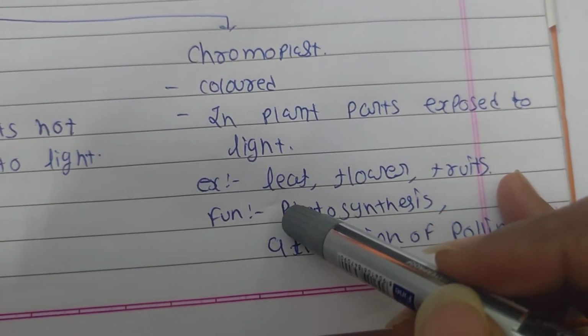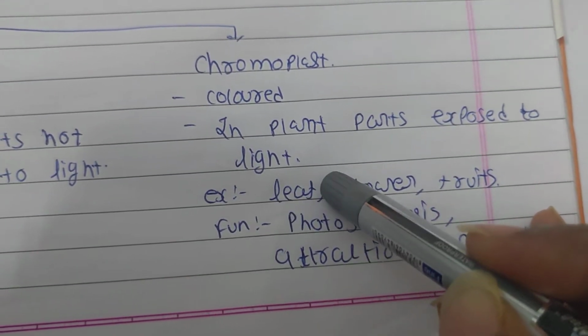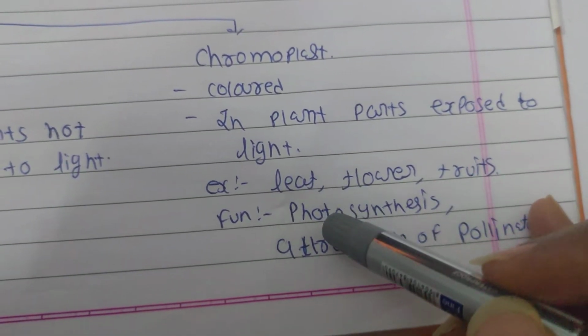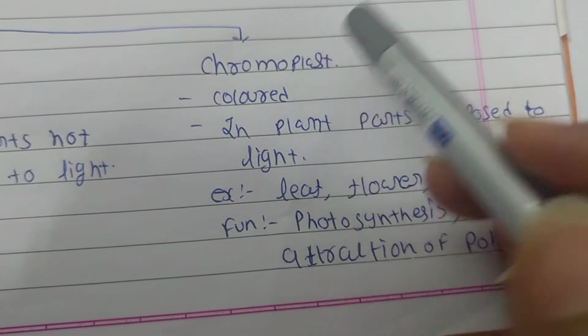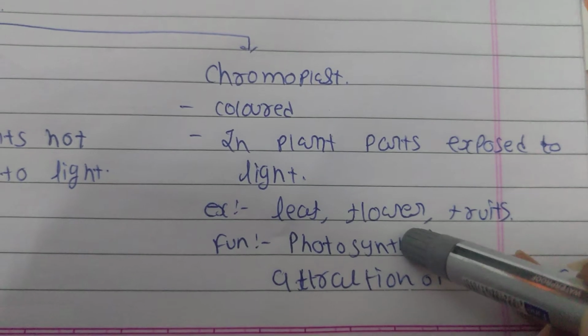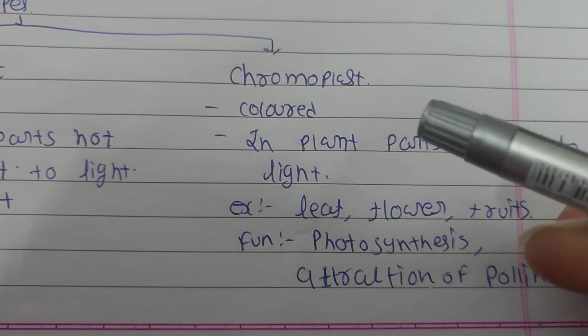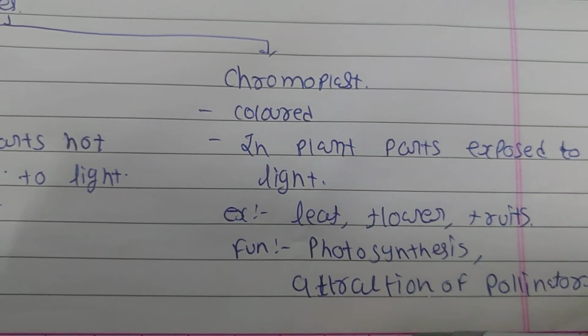What is the function of the chromoplast? The main function is photosynthesis, as it is present in the leaf. The leaf has chloroplast in the form of chromoplast, which we discuss later. So it performs photosynthesis. In the case of the flower, why does the flower have different colors? To attract the pollinator.